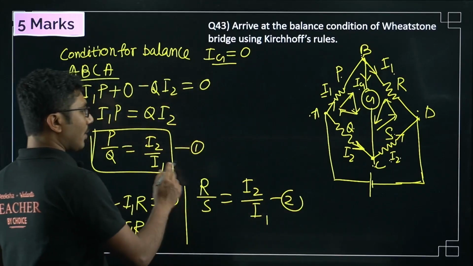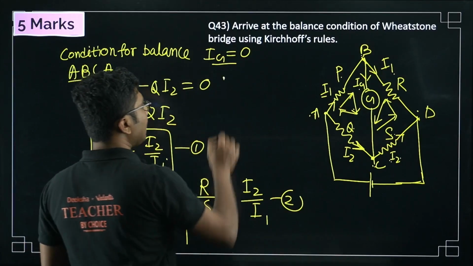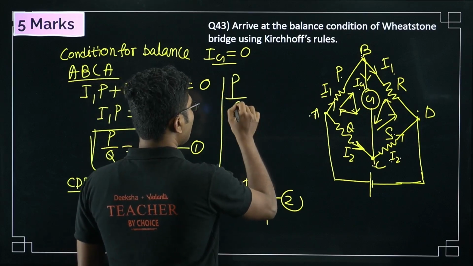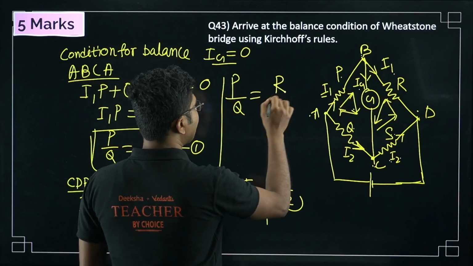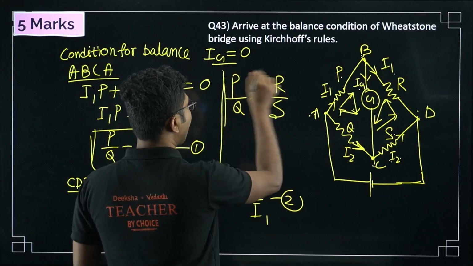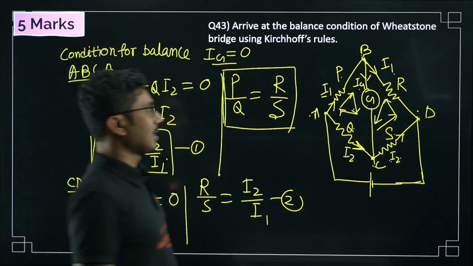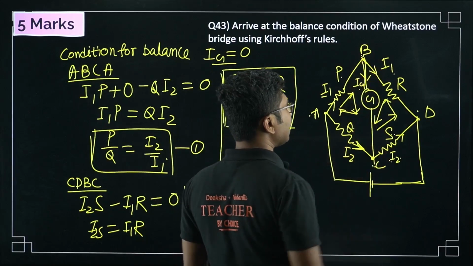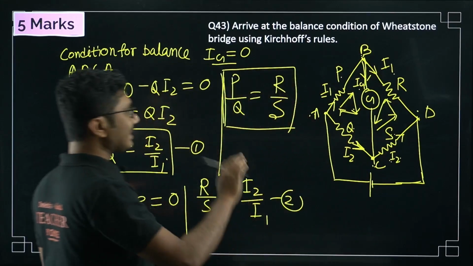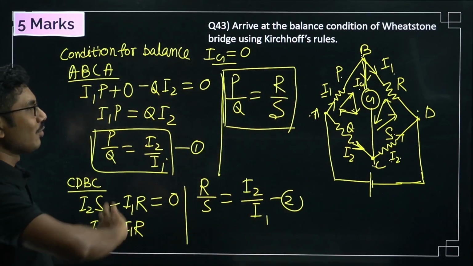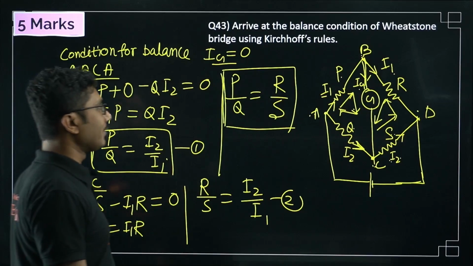If you compare 1 and 2, you can write P by Q equals R by S. This is the condition for balance. That means no current is passing through this galvanometer. The resistances are aligned such that no current is passing through this galvanometer.